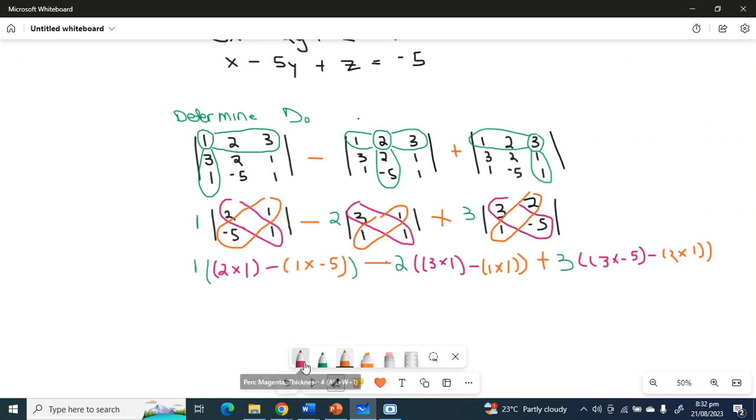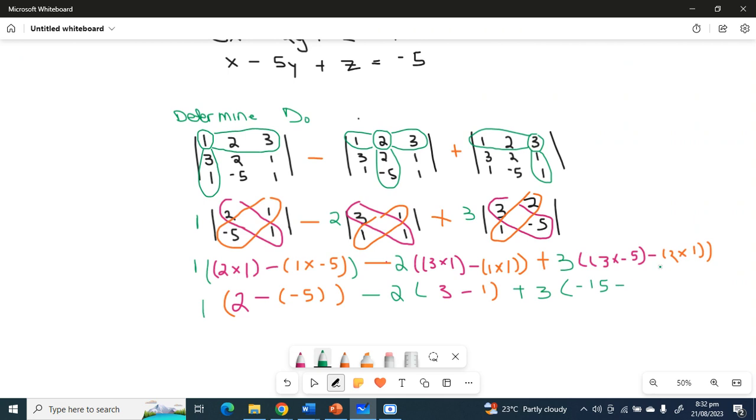2 times 1 is 2. 1 times -5 is -5. Remember, we've got this 1 outside here, minus, then we put our 2 here, then 3 times 1, that is 3, minus 1 times 1, that is 1, plus 3, open brackets, 3 times -5, -15, minus 2 times 1, that is 2.